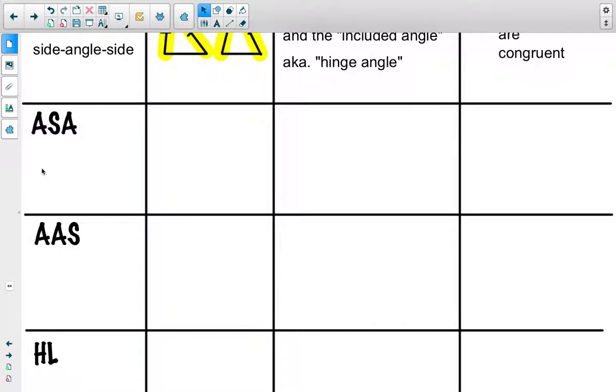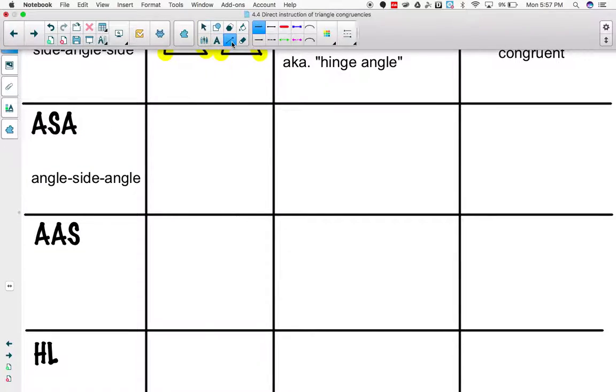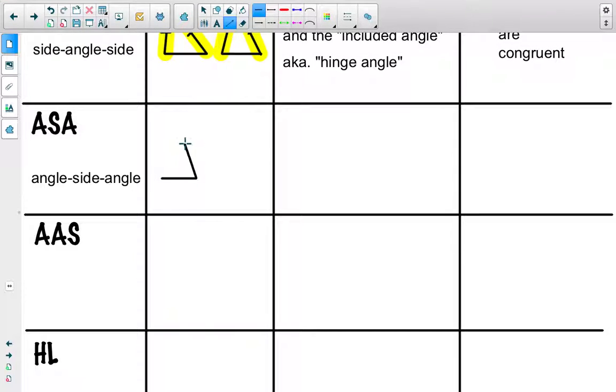All right, ASA, you can probably guess now, that's angle, side, angle. And angle, side, angle is going to look something like this. You can probably guess how many sides and how many angles. So angle, side, angle is going to have 2 angles marked. So again, let's just pick 2 angles.